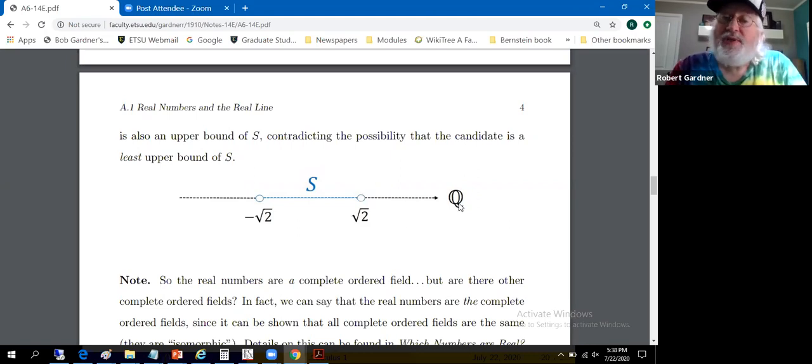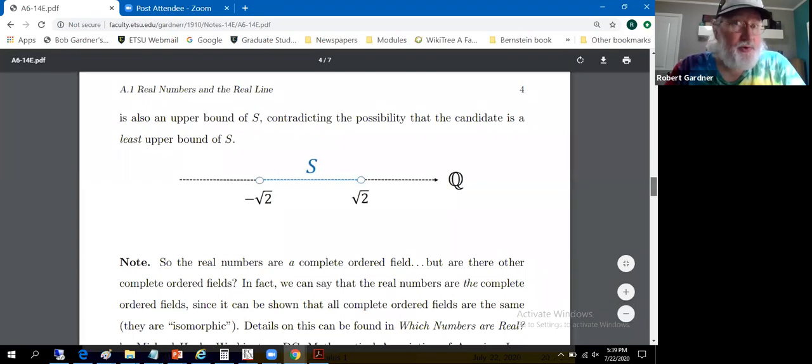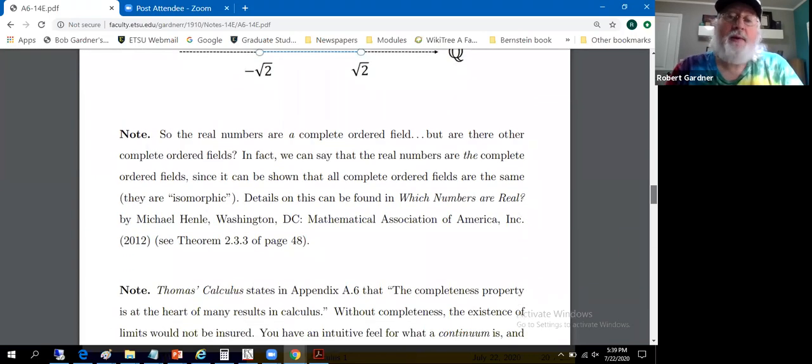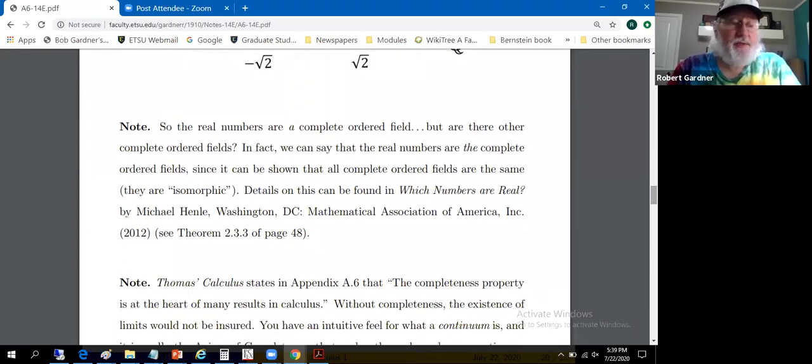But I can't choose it as a rational number. It ain't there. There's a hole in the rational numbers there. It's indicated with a little circle. For the real numbers, I'd choose square root of 2. We'd be good to go. For rational numbers, you can't choose the square root of 2. There's not a least upper bound for that set S of rational numbers such that when you square them, you get a number less than 2.